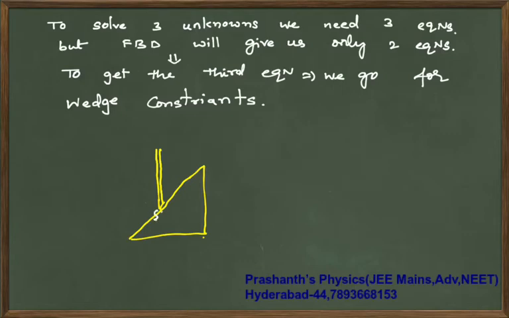Now if it slides a little and comes here, obviously the wedge will go. If this angle is theta, if the rod slides by some y and the wedge goes by x, now this will become theta, this will become y, this will become x.